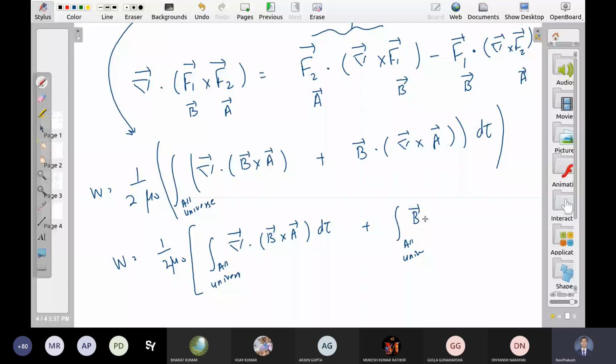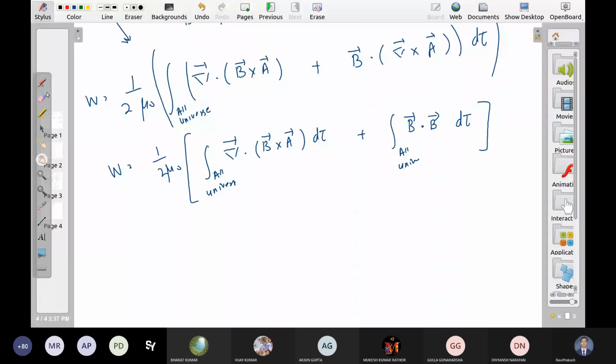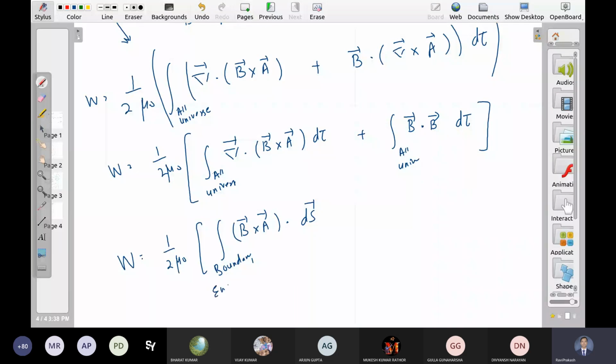And if I apply Gauss theorem to the first part, the volume integral of del dot some vector function is equal to what? The integral of B cross A dot dS over the boundary enclosing the universe, plus this integral as it is, B squared d tau over all universe.